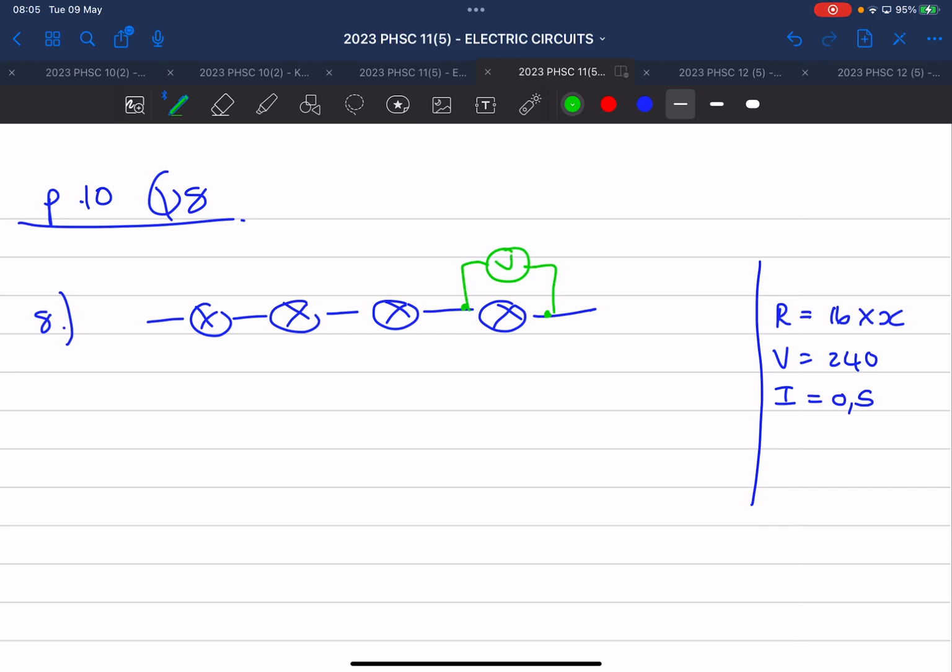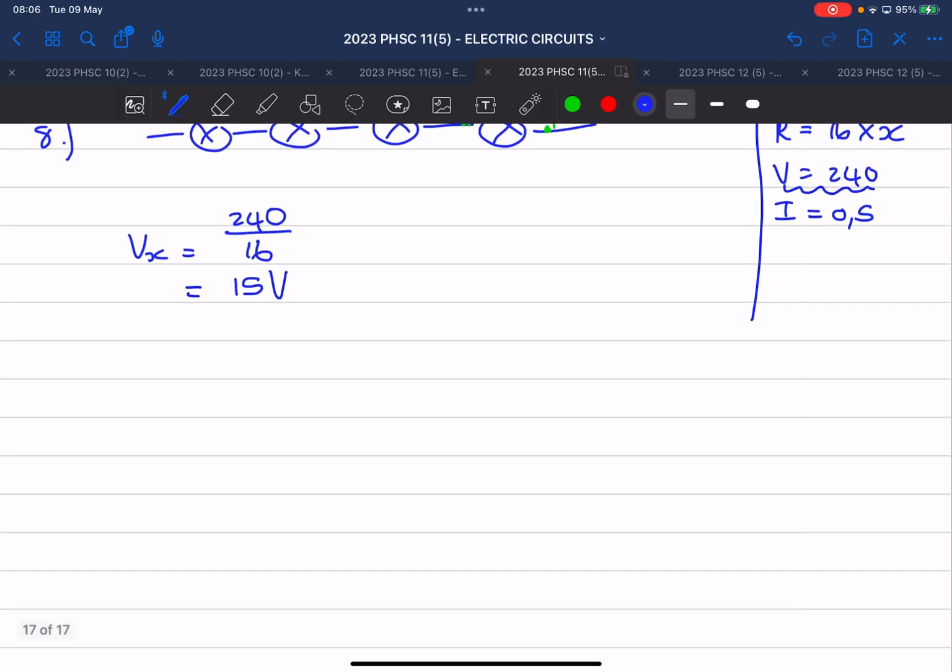Since they are connected in series, it's like having 16 people share your sandwiches, so you have to divide your total of 240 volts into 16, since there are 16 light bulbs. The answer is 15 volts. So each light bulb is 15 volts.